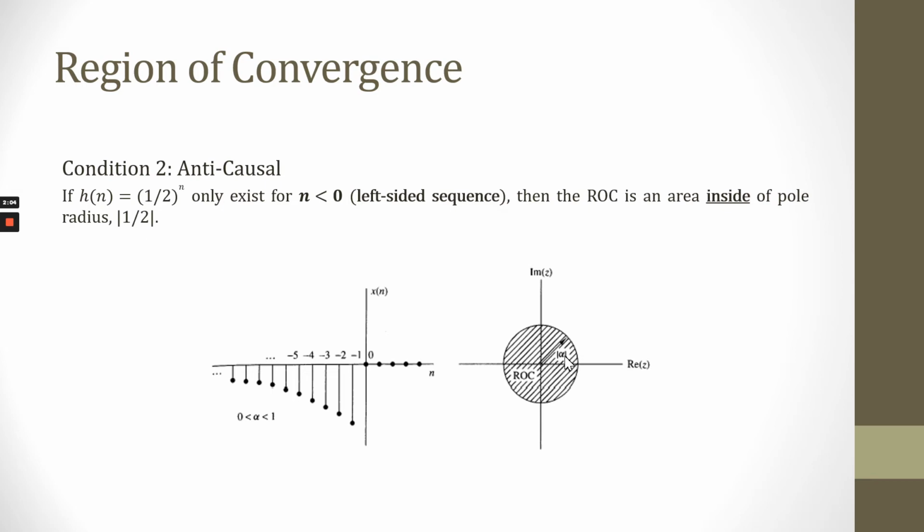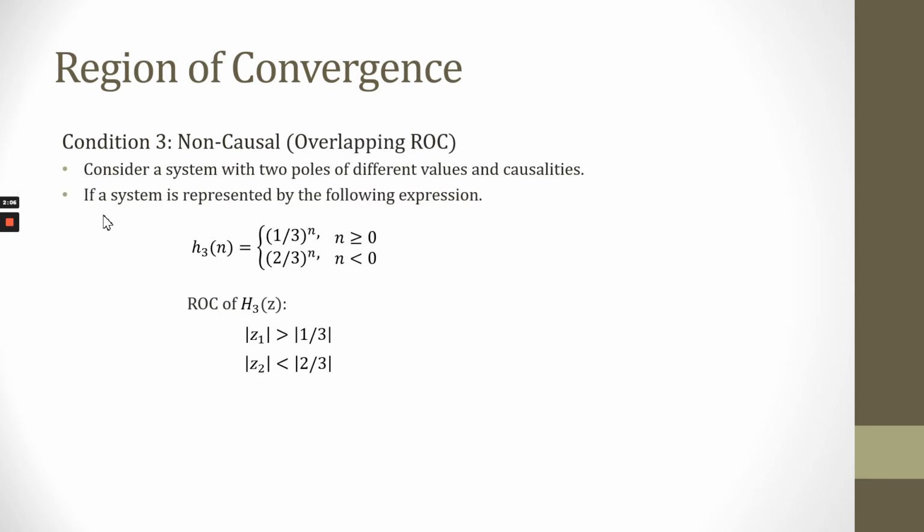alpha. For the third condition, what we call non-causal or overlapping ROC. Consider a signal h3[n]. There are two conditions: the right-sided sequence for n equal to and larger than 0, which is equal to (1/3)^n, and the left-sided sequence for n less than 0, which is equal to (2/3)^n.